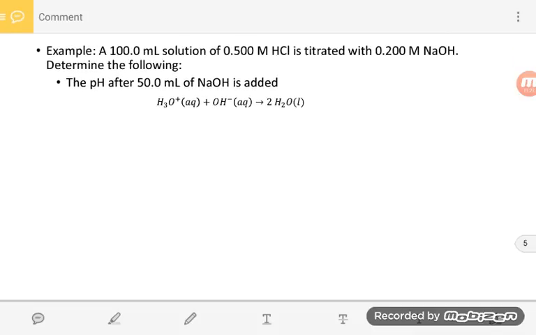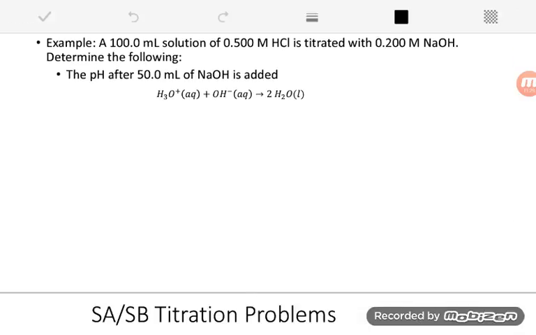Now let's look at after I've actually added some sodium hydroxide. So now I do have to keep this in mind, and I've put my equation down there just so we can keep it in mind. Since we're adding something at this point, we're going to use the table that we use when we add things, which is our BARF table: beginning moles, added moles, reaction, final moles.